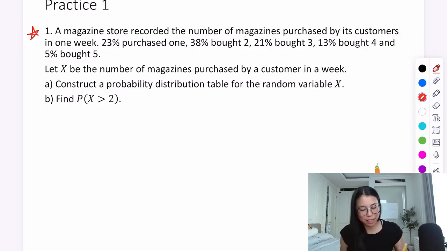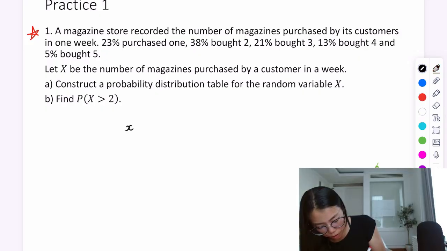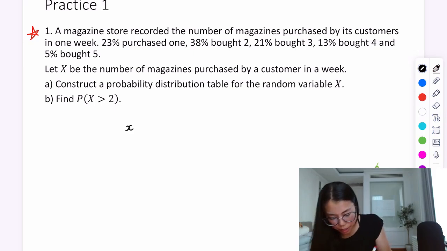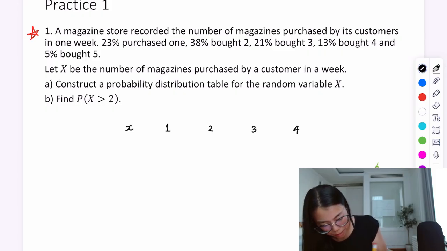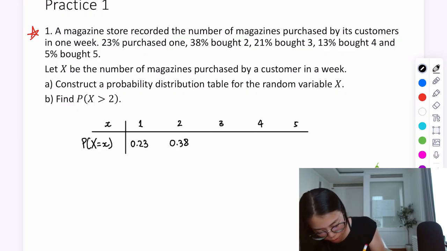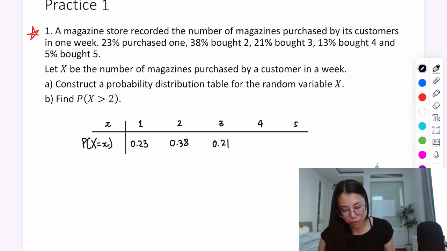Okay, so let's try this together. For our lowercase x, customers can purchase 1, 2, 3, 4, or 5 magazines. Now what we want to do is attach probabilities to each of these lowercase x values.